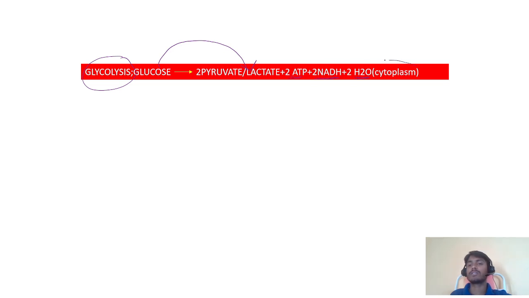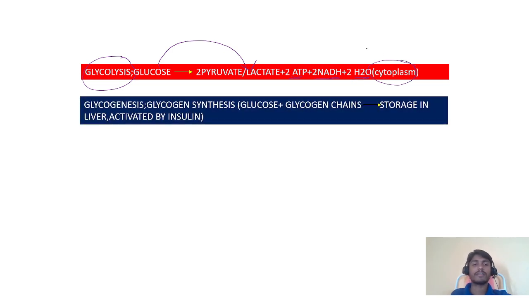This takes place in the cytoplasm. Next, glycogen synthesis means glucose is converted into glycogen, which is stored in the liver, followed by muscle, followed by adipose tissue, as we have discussed.